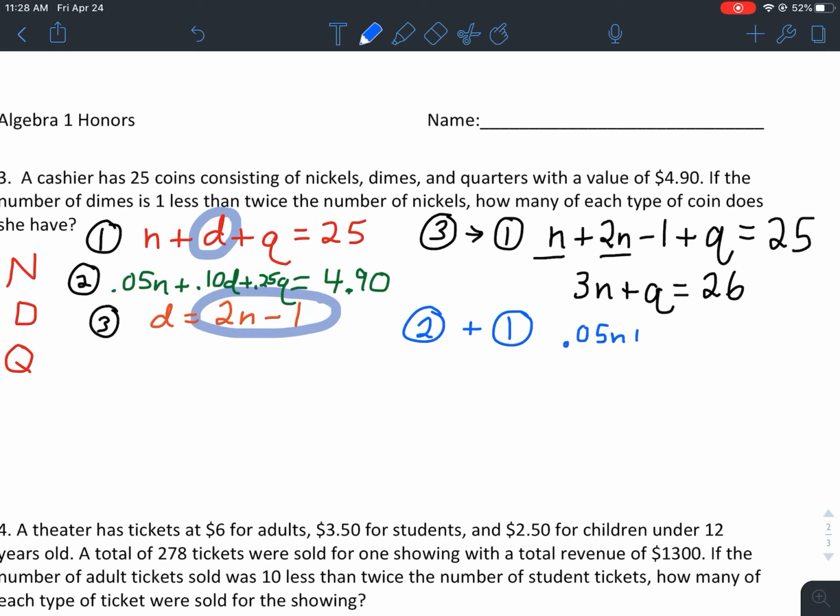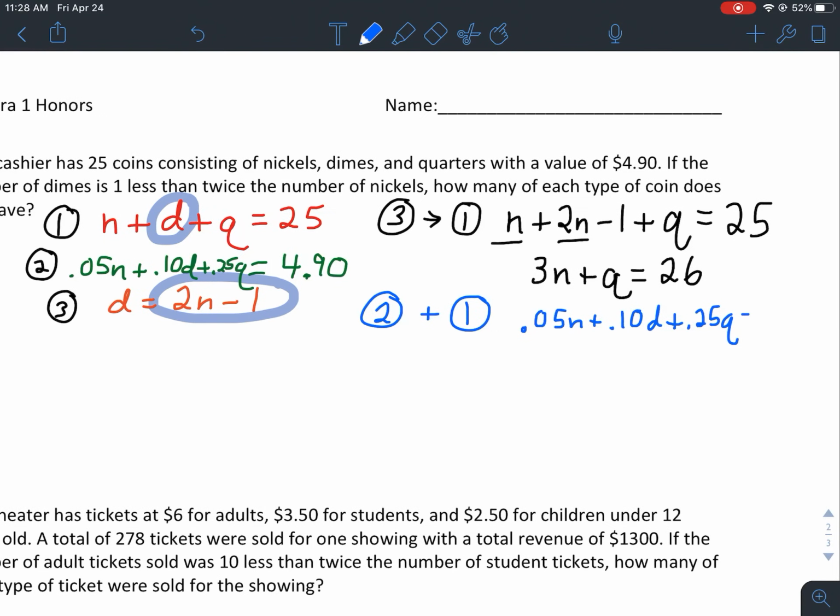Equation 2 is 0.05n plus 0.10d plus 0.25q equals 490. And 1 is n plus d plus q equals 25. My goal is to eliminate d, because then I'll have it in terms of n and q, just like this one.